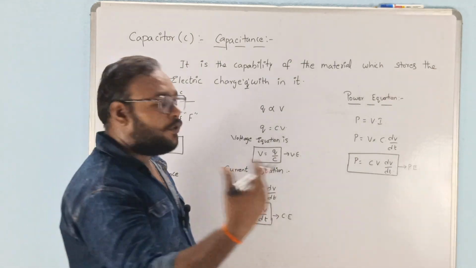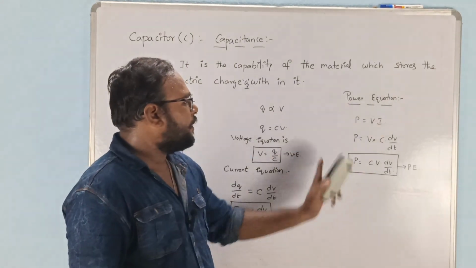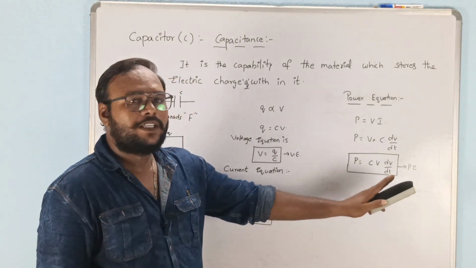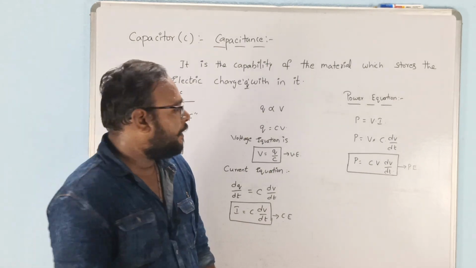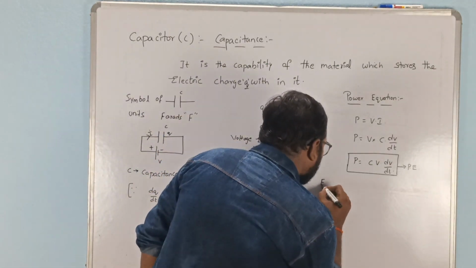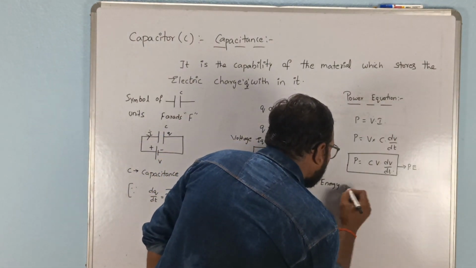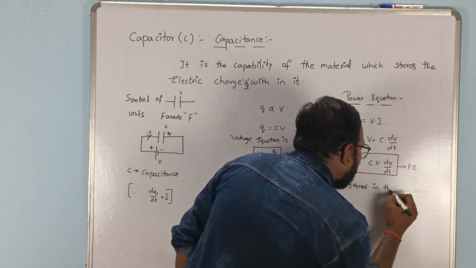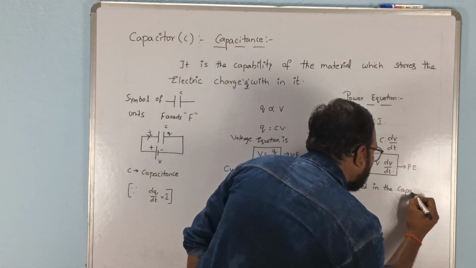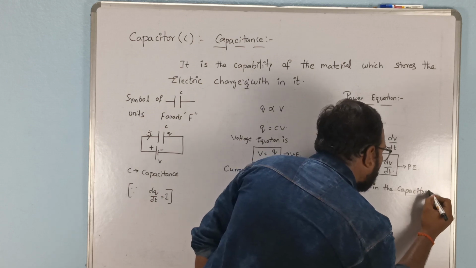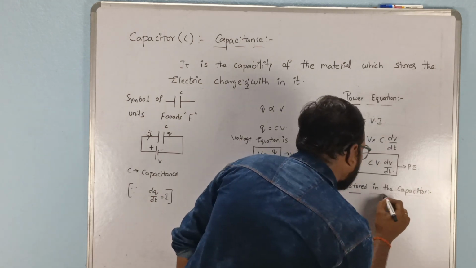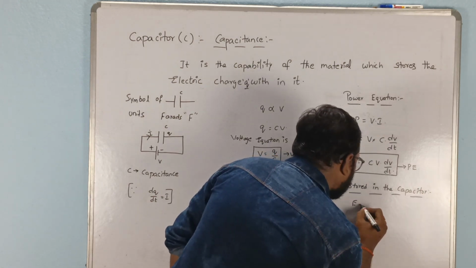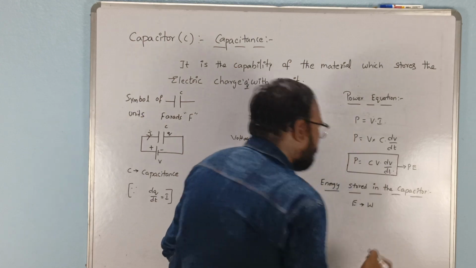Now the energy stored in the capacitor. This is the power equation: P is equal to C into V into dV by dt. Let's see the energy stored in the capacitor. We know that energy is the work done.